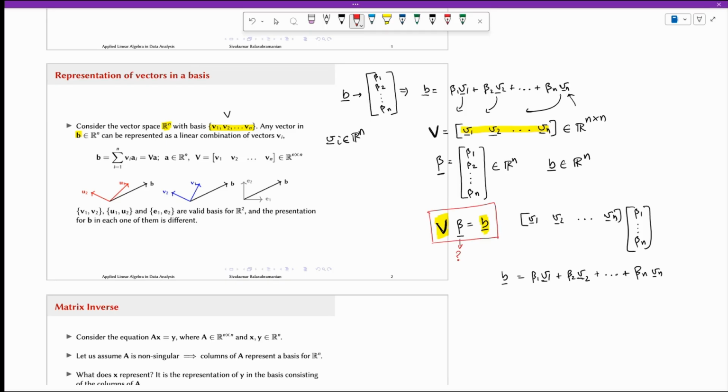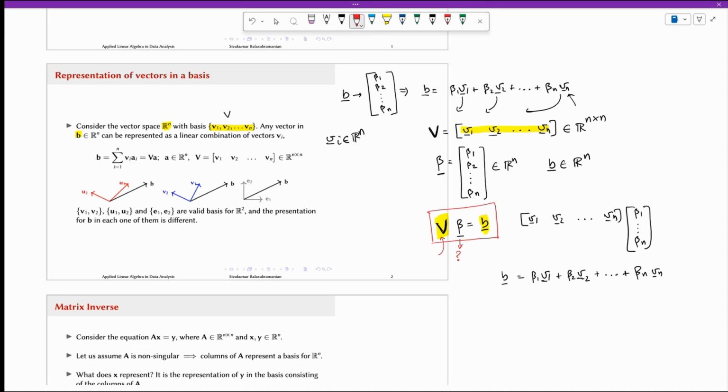That means we are essentially asking what is the representation of the vector b in the V basis. That question translates to solving a set of linear equations, because this is equivalent to Ax equals b, where A is V, x is beta, and b is b.